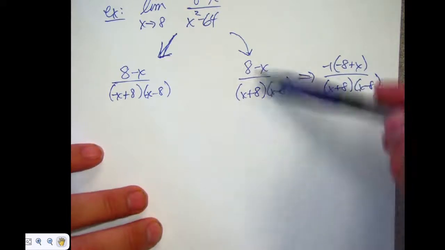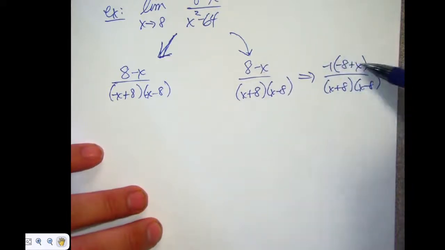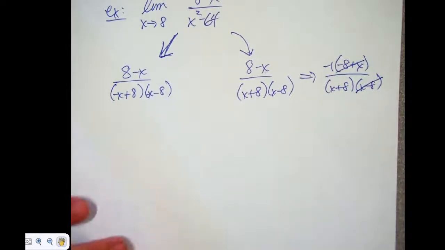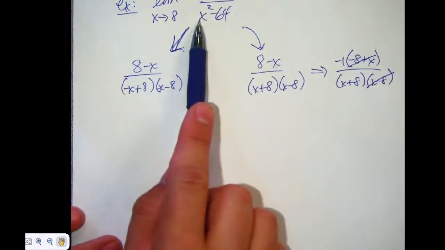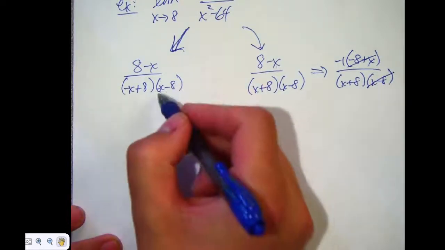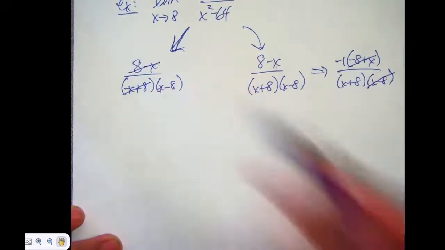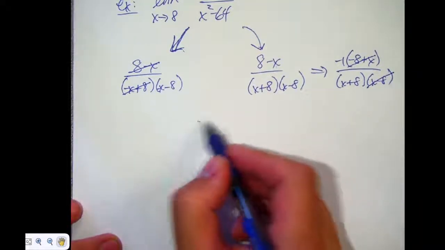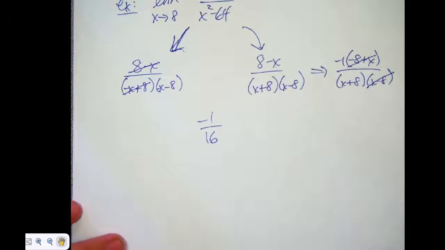And then nothing cancels here, so I'm reorganizing the top, pull a negative 1 out so that these two things will cancel, and then plug in. Another way to do it would be, instead of doing x plus 8 and x minus 8, let's do negative x plus 8 and negative x minus 8. And then the negative x plus 8 will cancel. And either way, when you get to the end and plug in, you will get negative 1 over 16.